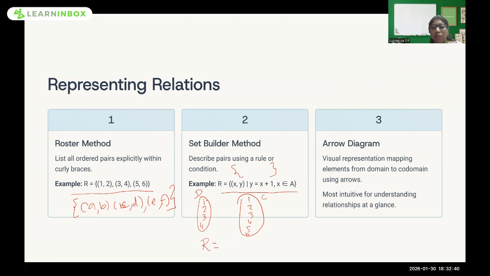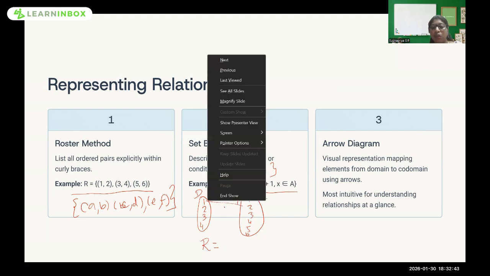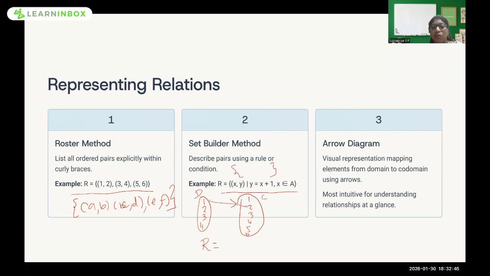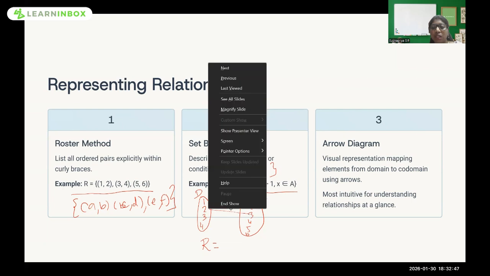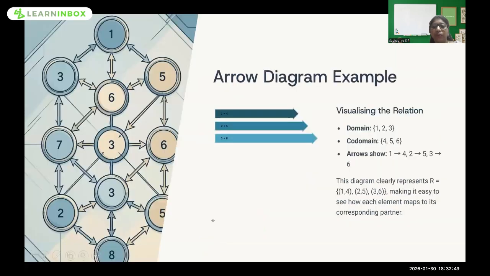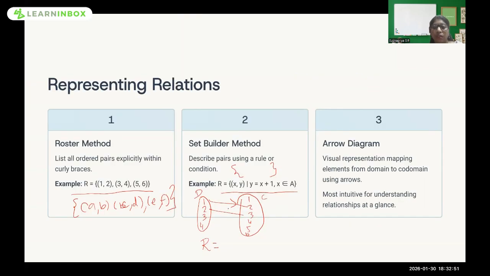So when you give 1, it will be going to 2. When you go for 2, 2 plus 1 is 3 over here. For 3, you'll be getting answer 4, and for 4, you'll be getting 5. So though your domain is 1, 2, 3, 4, your codomain is 1, 2, 3, 4, 5, and 6.